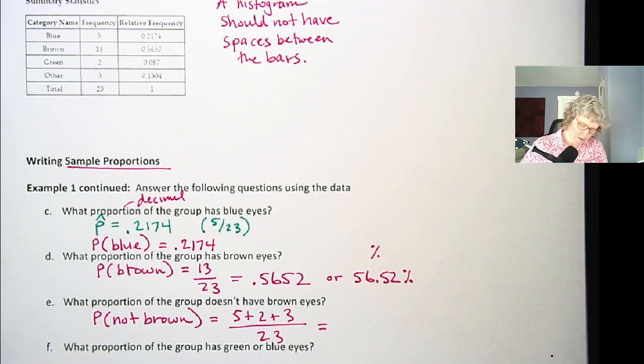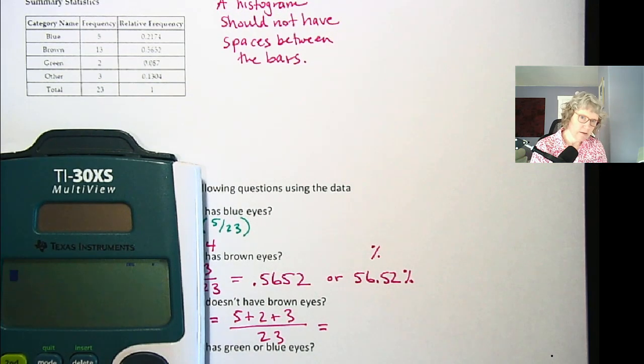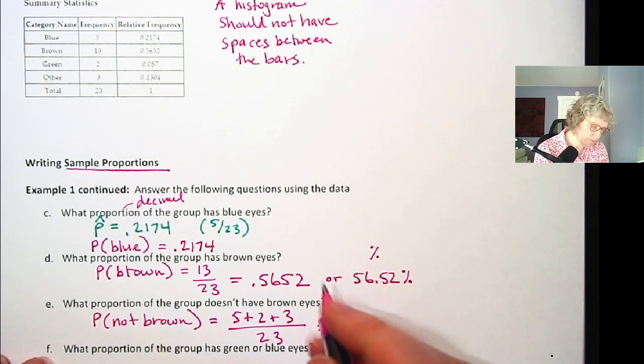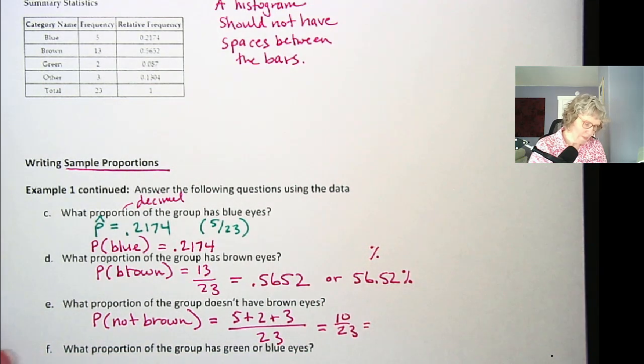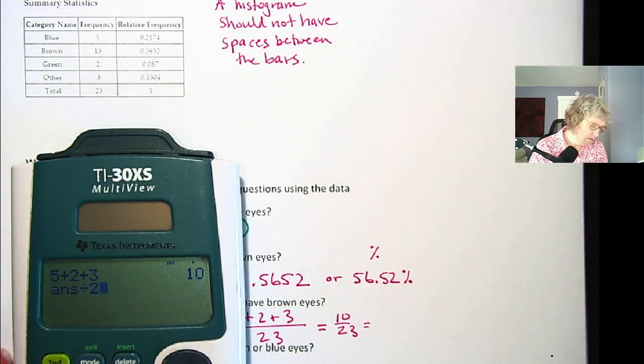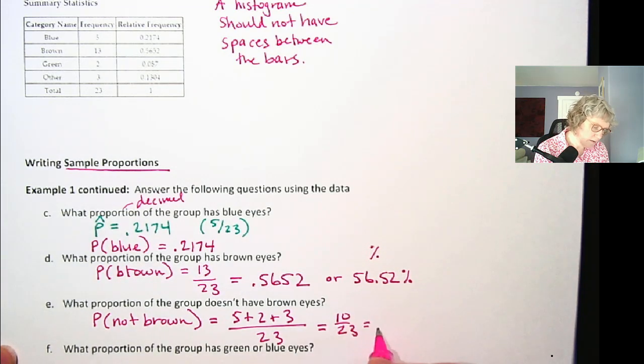Let me calculate that. 5 plus 2 plus 3 is 10 out of 23. Divide 10 by 23, I get 0.434, and I'm going to round that to 0.4348.